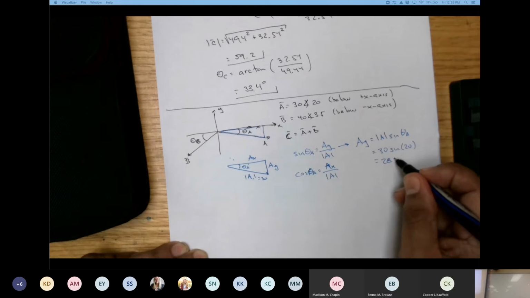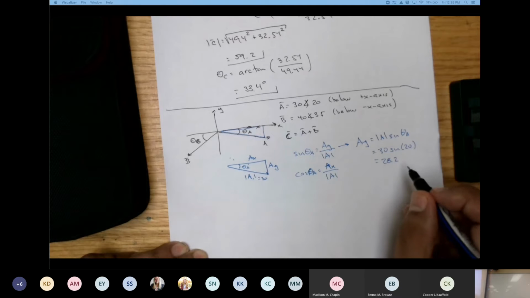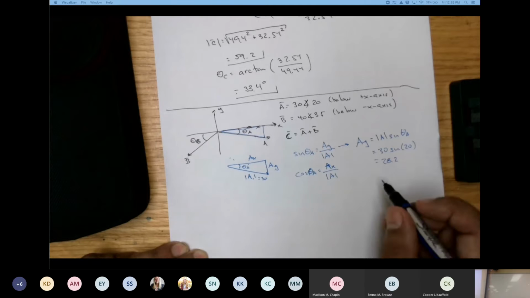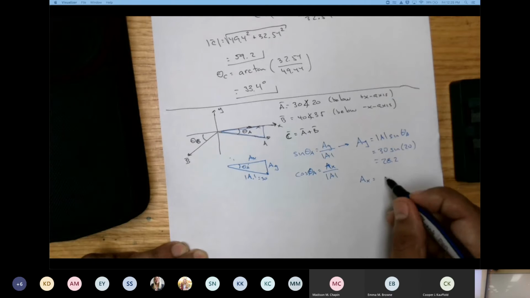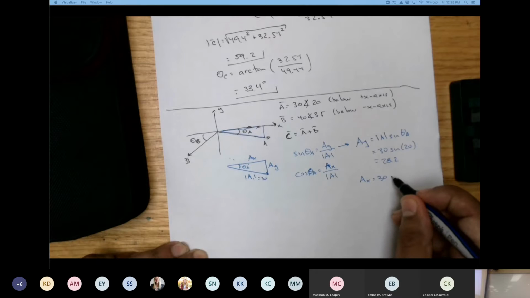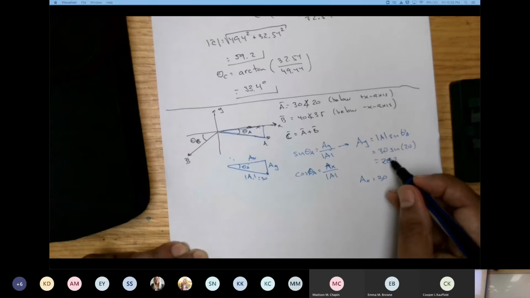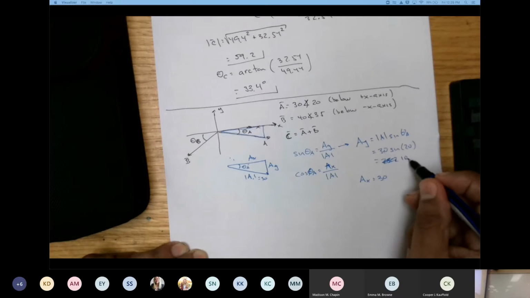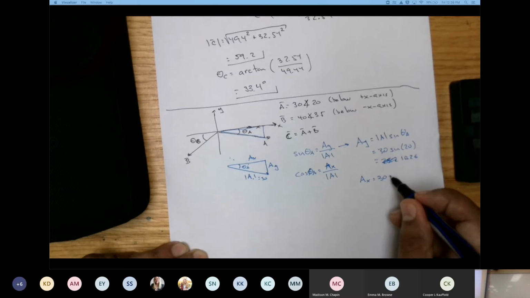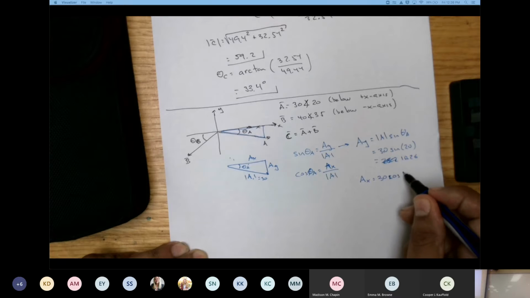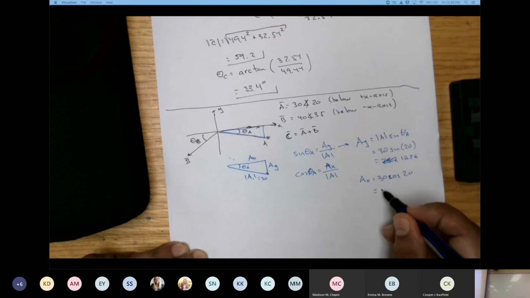Is that what you guys got? And for the x component, it will be 30 cosine of 20, and this will be 28.2.